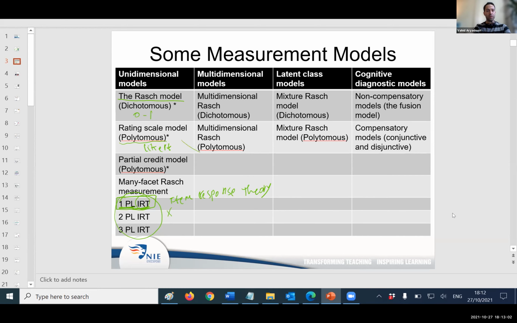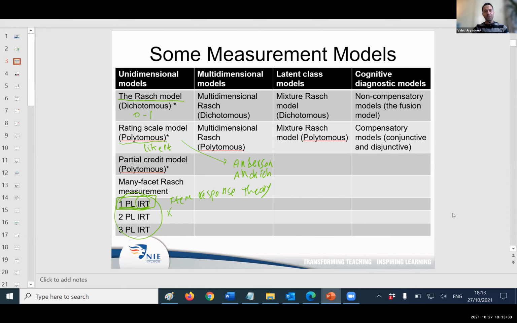The rating scale model was developed by Anderson and the very famous Rasch scholar, David Andrich. David Andrich is a scholar in Australia now, and he's perhaps the most eminent scholar in Rasch measurement today.